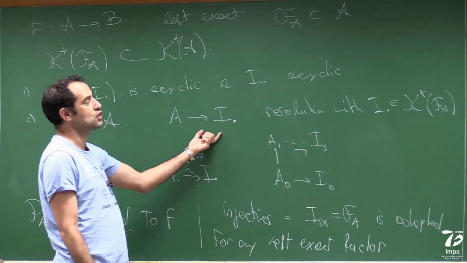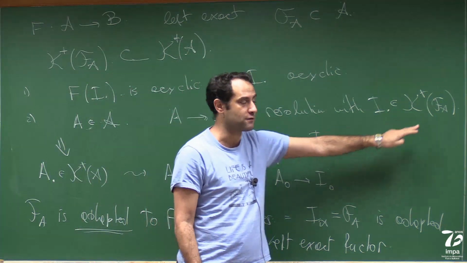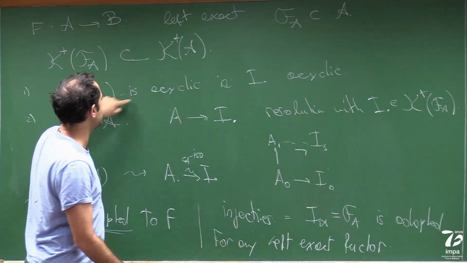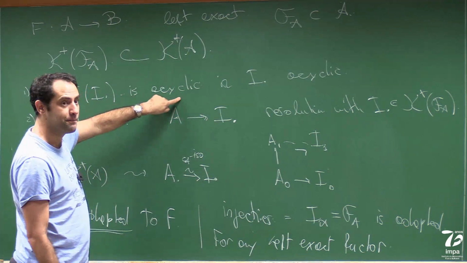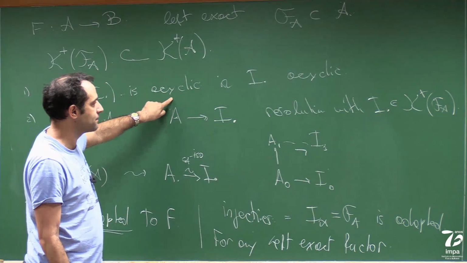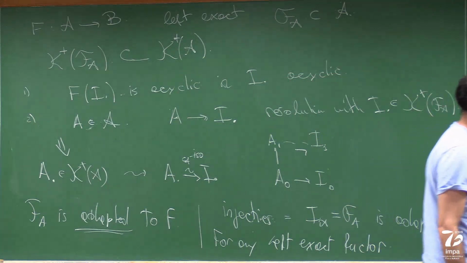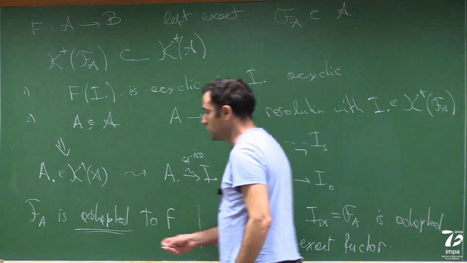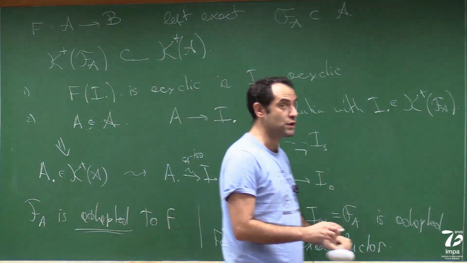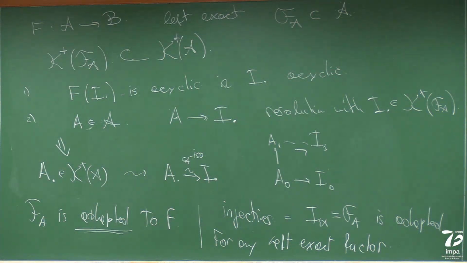And that's by definition going to be a resolution by objects in K plus of F_A. But you're not going to get the first condition for free. You need to require this. So in particular, if you take F_A to be a category that contains all injectives, then it's going to be adapted if and only if the functor F sends acyclics to acyclics.